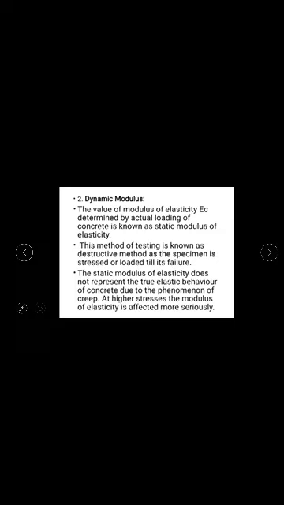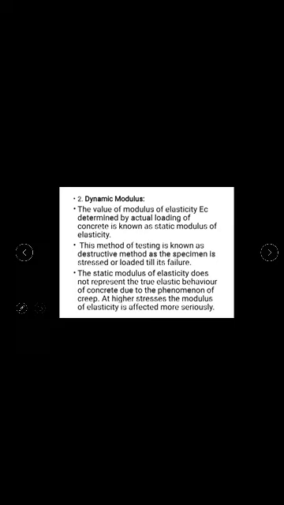The value of dynamic modulus of elasticity computed from the ultrasonic pulse velocity method is somewhat higher than static modulus of elasticity, as the creep remains unaffected in dynamic modulus. So the main factor which will be affecting the elastic modulus is the creep. That creep factor will not come into dynamic modulus of elasticity.